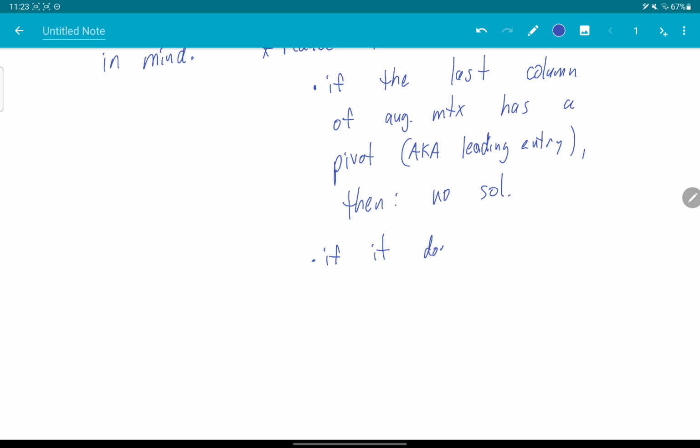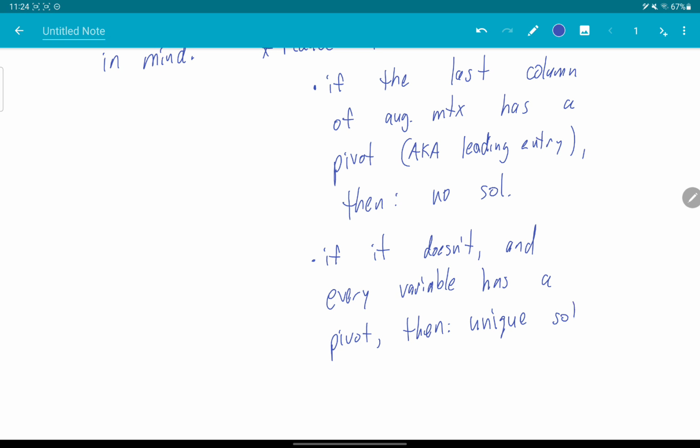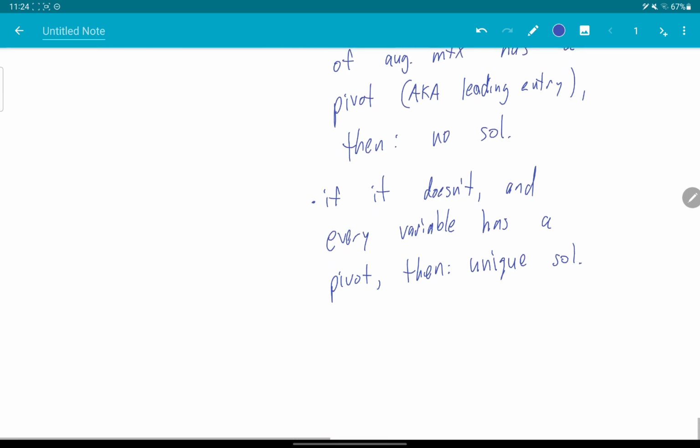If it doesn't, and every variable has a pivot, then we have a unique solution. And otherwise, infinite solutions.